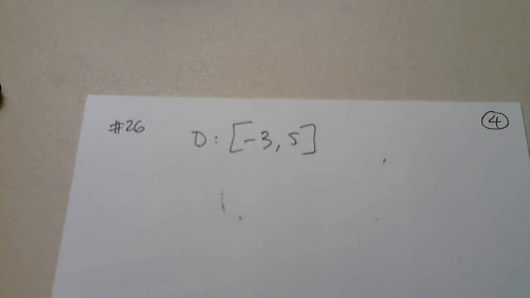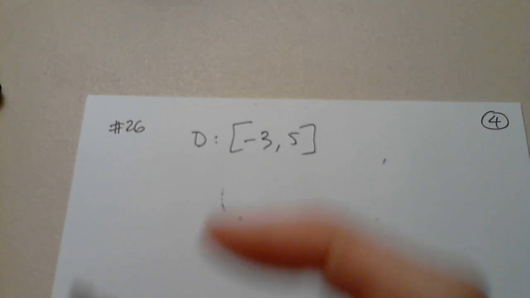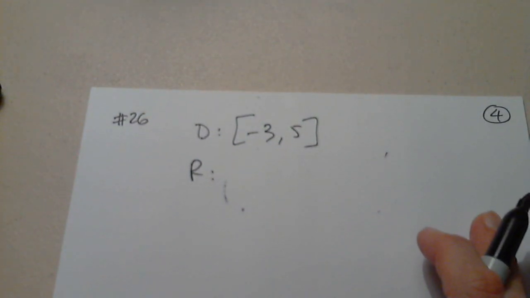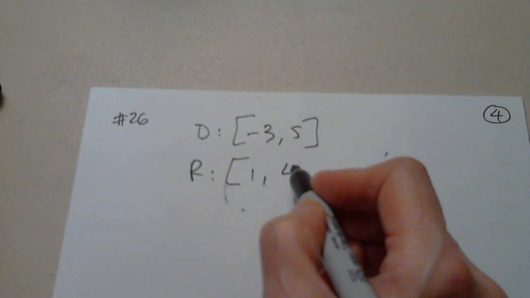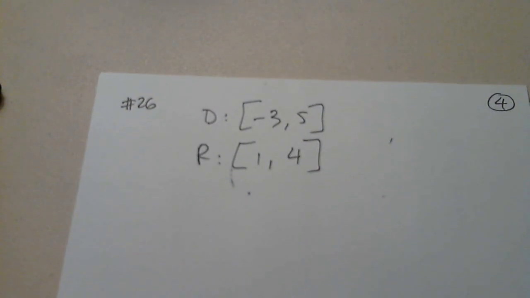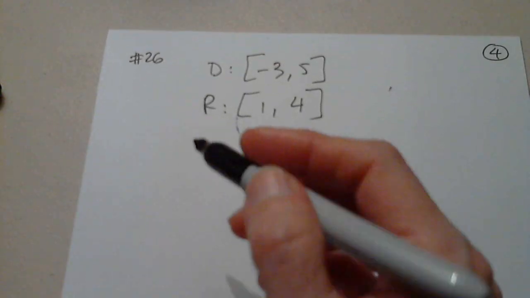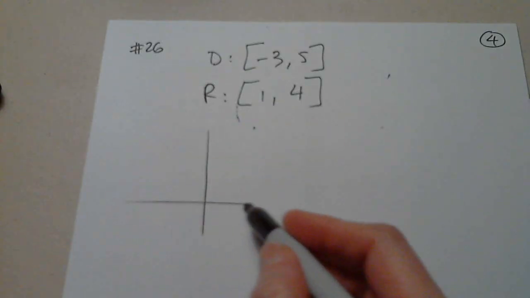The range is read on the y-axis from the lowest y value to the largest y value. 1 comma 4. Yes, thank you very much, 1 comma 4, also with brackets because points exist. Now, we're not going to read from my graph, but the graph looks like this.